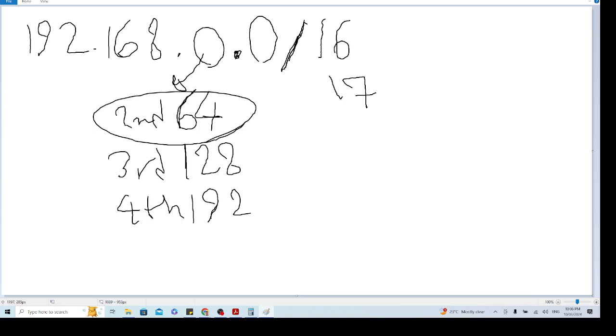Now let's get back to the mapping concept, which I talked about previously. This is relevant to 128.